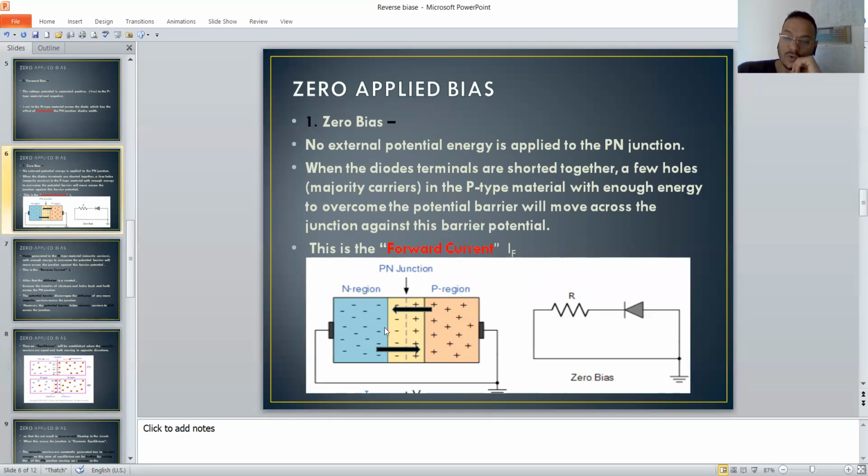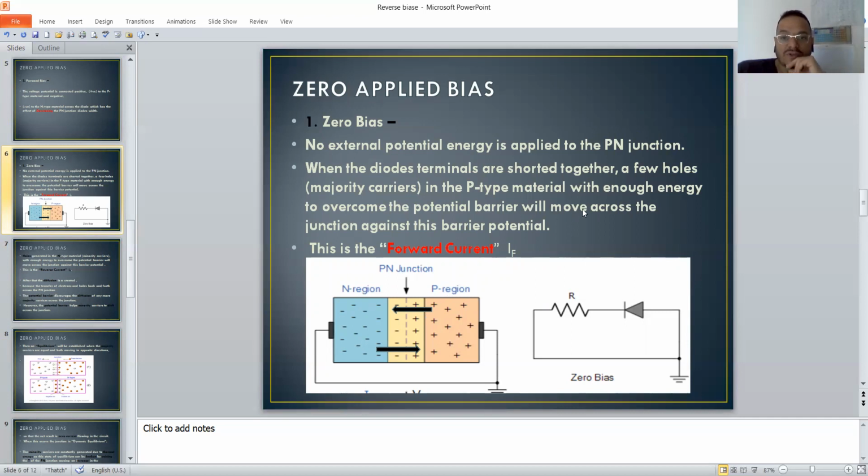Here, a few of the majority carriers, that means holes in the P region, with enough energy to overcome the potential barrier, will move across the barrier potential, this line, against the barrier potential. That means a few holes in the P region will try to cross this line to go to the other side, the N region.